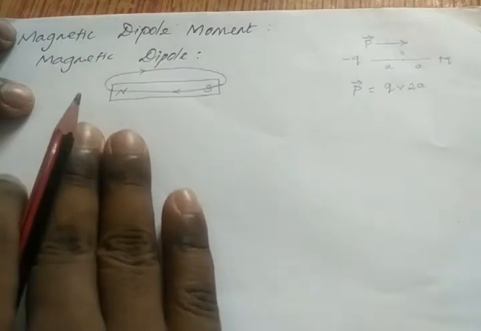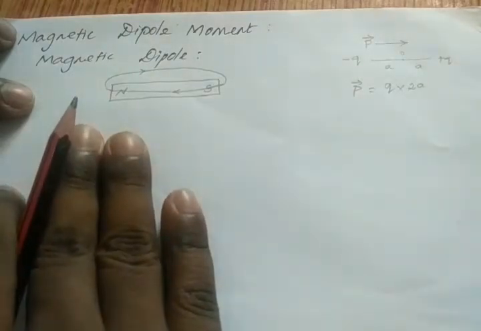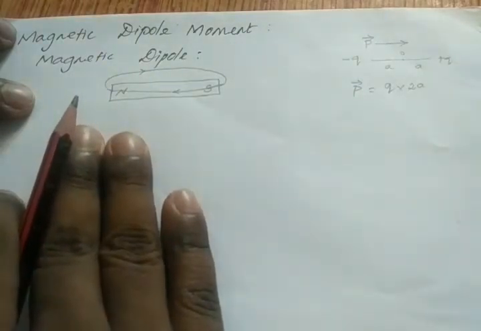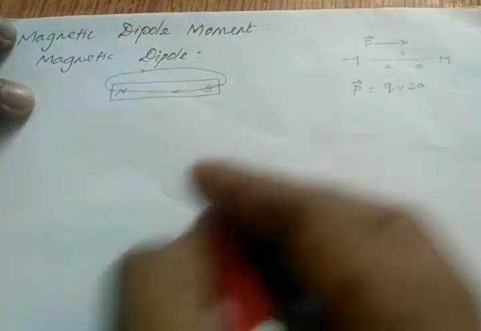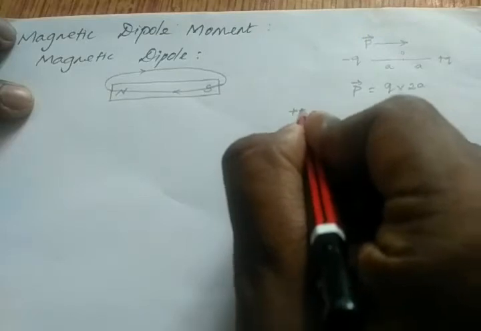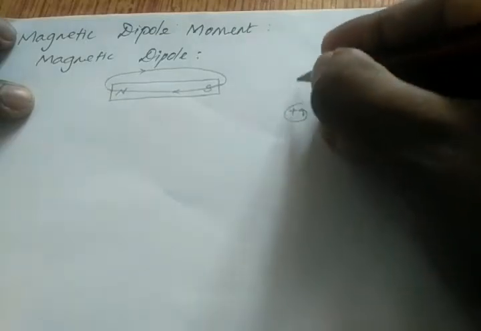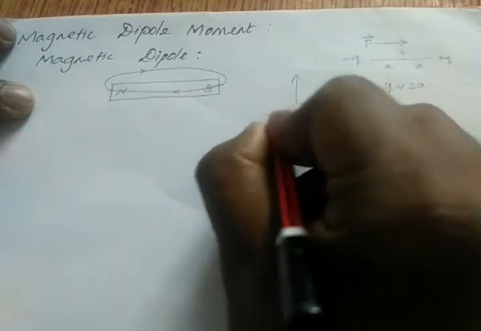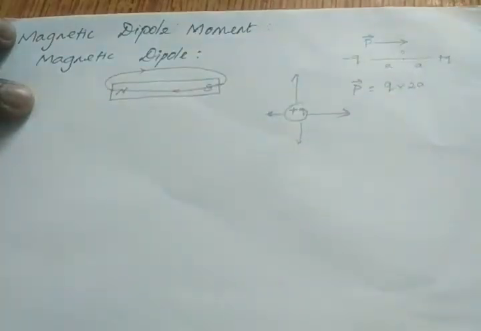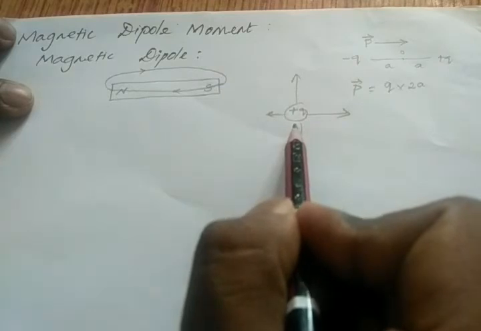By this you can also conclude that a monopole does not exist. In electrostatics we study charges. If you have a positive charge, the field lines point outwards, right? So in chapter 1, a mono charge does exist.